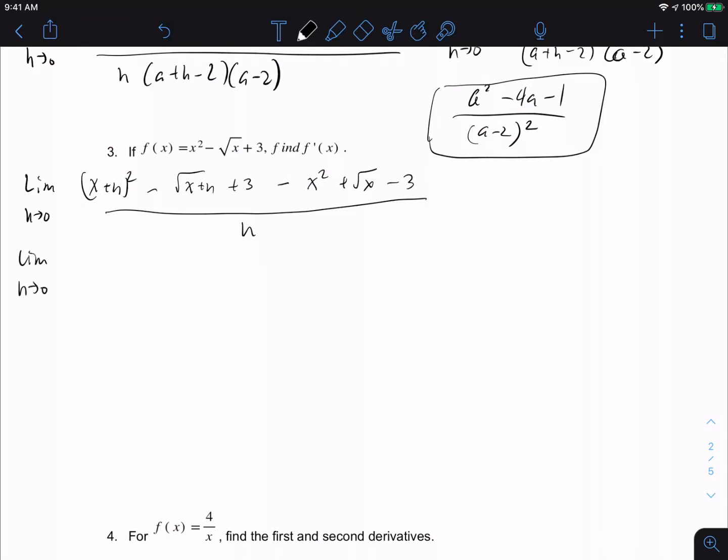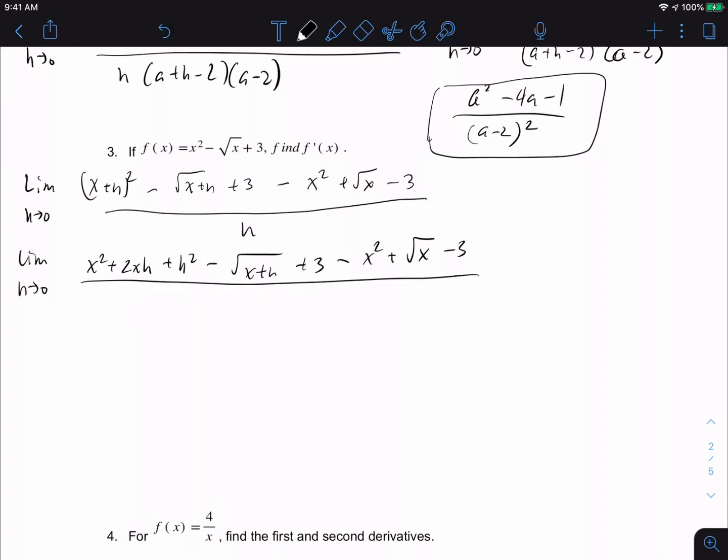So the limit as h goes to 0 of this is going to be x squared plus 2xh plus h squared minus the square root of x plus h plus 3 minus x squared plus square root of x minus 3 all over h. And we can cancel some things, right? So 3 and 3 and x squared and x squared. And so we're going to get the limit as h goes to 0 of 2xh plus h squared minus square root of x plus h plus square root of x all over h.